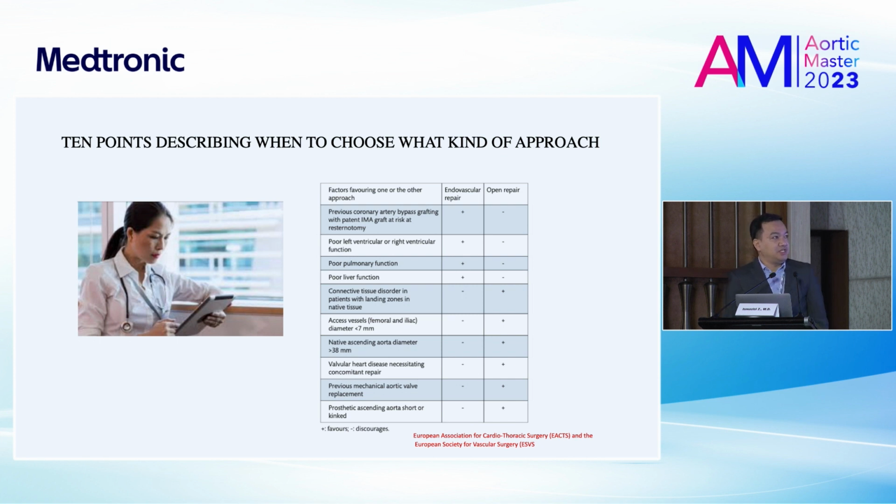If a patient has had a previous coronary bypass with a patent IMA, you can tick the endovascular box, and with poor LV function, I think obviously we'll go for endo. The same applies to poor pulmonary function, poor liver function, and basically all the comorbidities that lead to a prolonged hospital stay and predict the outcome. And when we talk about the bottom half, it is more towards the access vessels and the suitability of the anatomy for TEVAR.